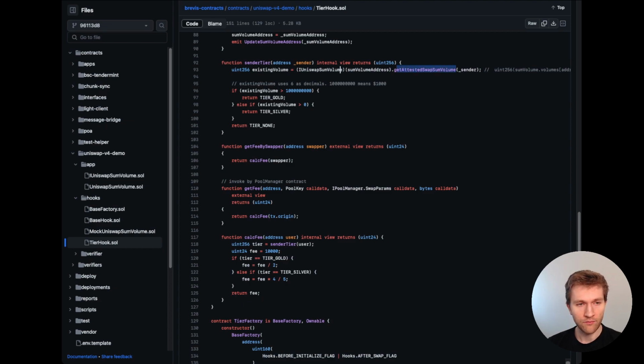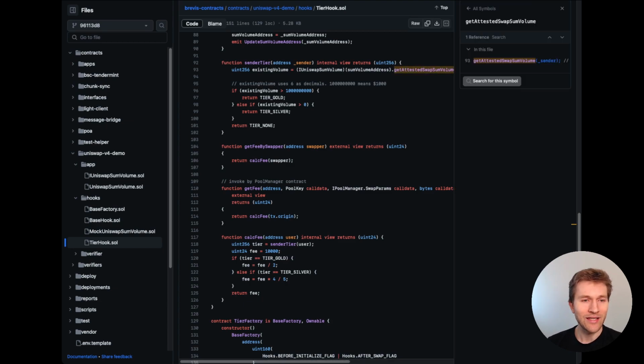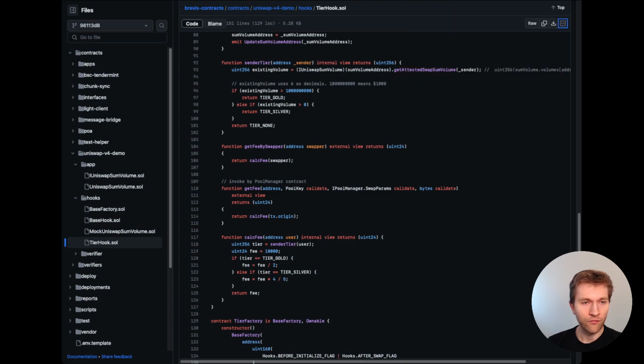Get attested sum volume. So the idea is it's getting that attestation, that proof, for what the user's historical trade volume is, right? And then here we can see that if the volume exceeds a certain threshold, that's where you get the gold tier. If you've done any trading, you'll get silver tier, and otherwise you won't have a specific loyalty tier.